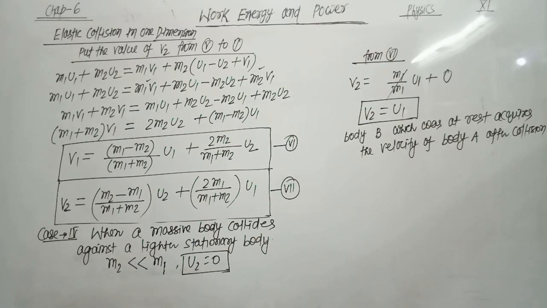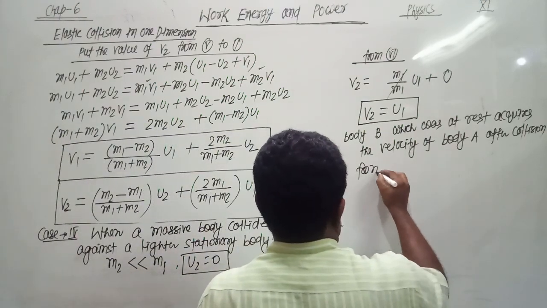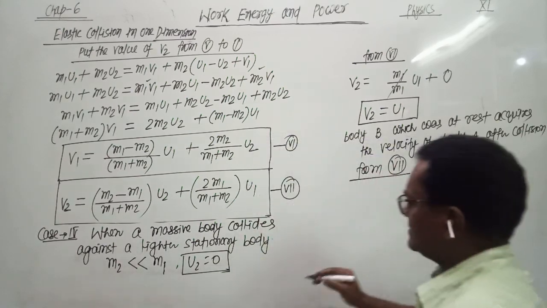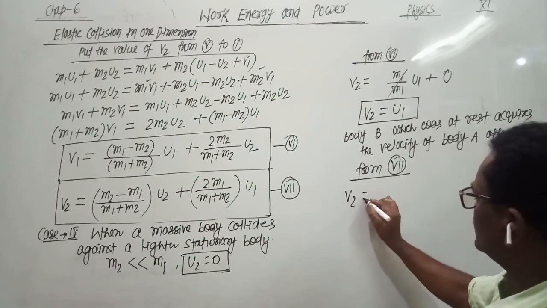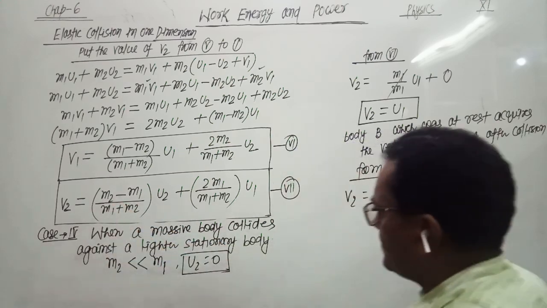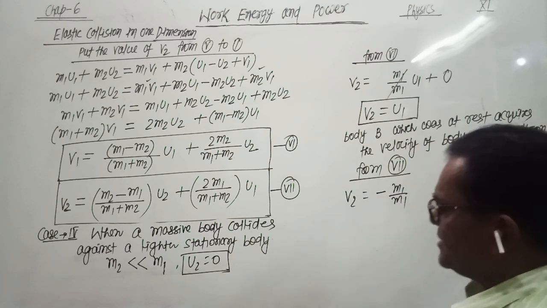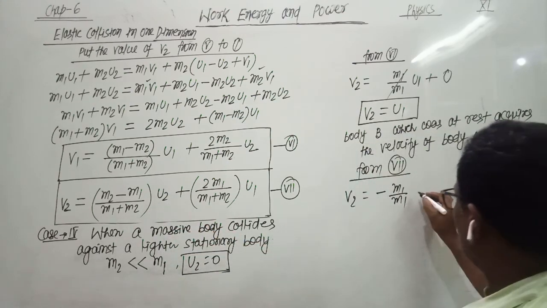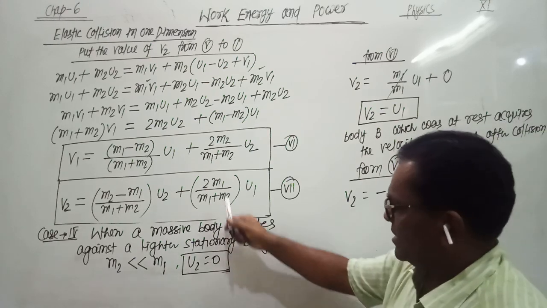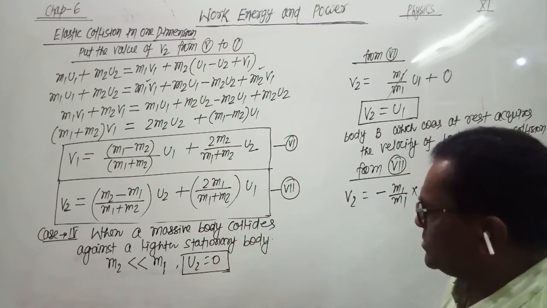And what about the velocity V1? So from equation number 7, V2 equals, M2 will be neglected, so minus M1 upon M1, and U2 is 0, so into 0 plus, M2 is much less than M1, so we get 2 M1.